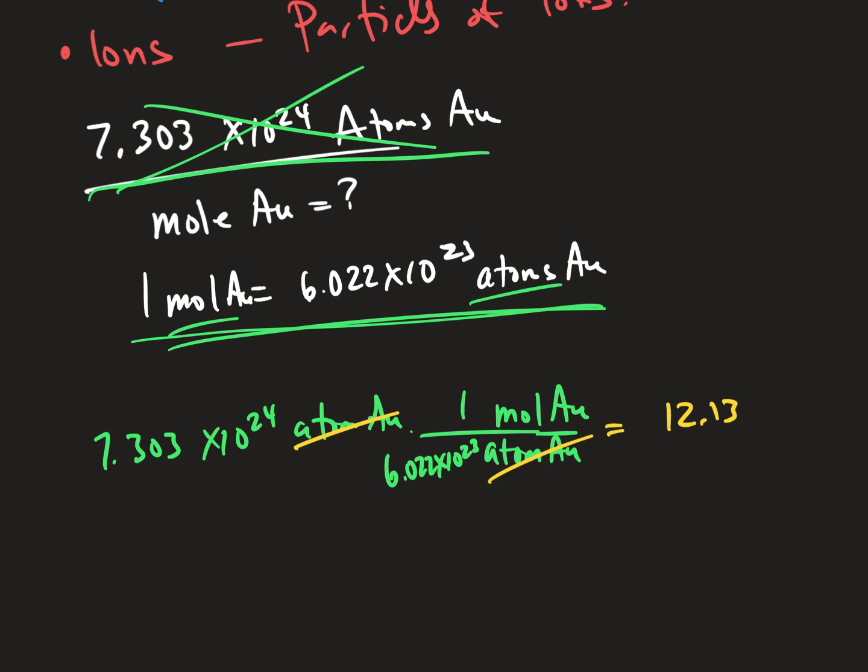Good? Can you all type those in your calculator still? Y'all remember how to do this? Yeah, it's gold. How do we know? Because that's the only unit we have left, isn't it? I was just checking to see if you were with me. Yeah, moles of gold.